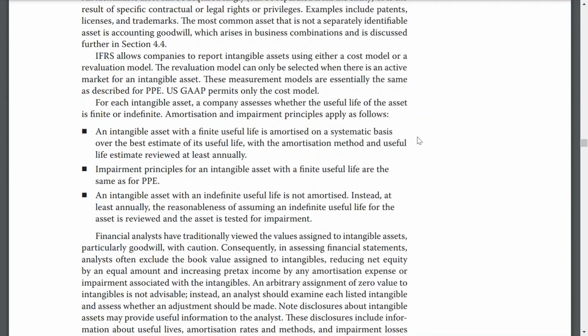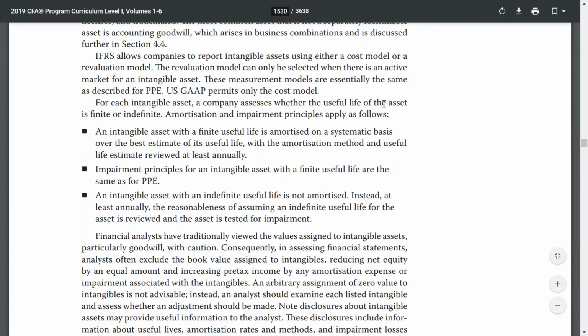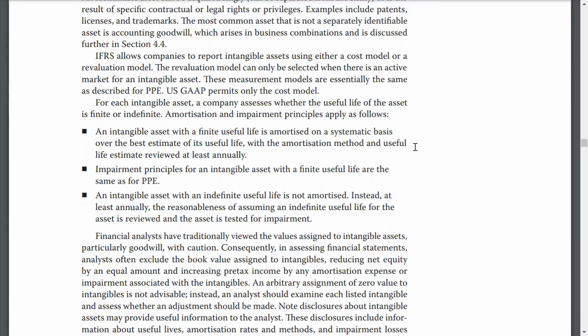For intangible assets, a company assesses whether the useful life of the asset is finite or indefinite. Amortization and impairment principles are as follows. An intangible asset with a finite useful life is amortized on a systematic basis over the best estimate of its useful life, and the amortization method and useful life estimates are reviewed at least annually.